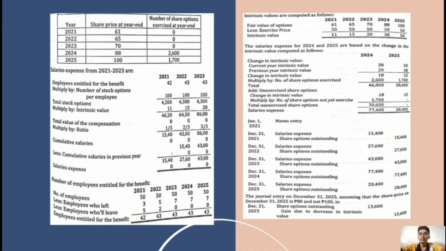Journal entry for December 31, 2025: share options outstanding 13,600 debit, gain due to decreased intrinsic value 13,600 credit. This reduces the recorded stock-based compensation to reflect the lower intrinsic value.